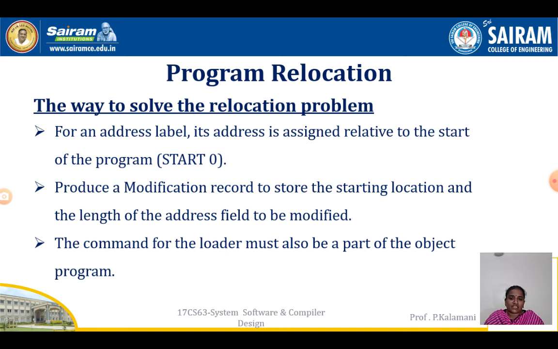Produce a modification record to store the starting location and length of the address to be modified. In the modification record, from which starting location and for how much length it will be modified during load time will be specified there. This will be given as an input to the loader. With the help of that, the loader can do the operation.